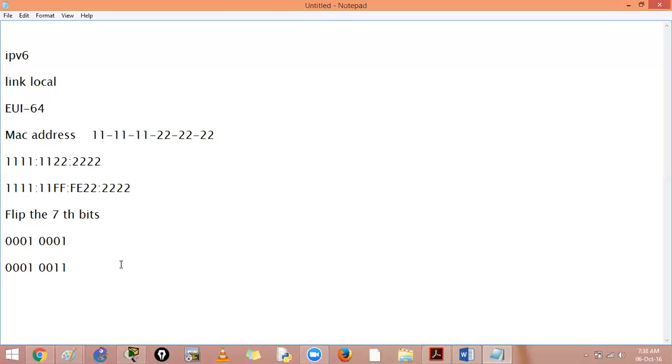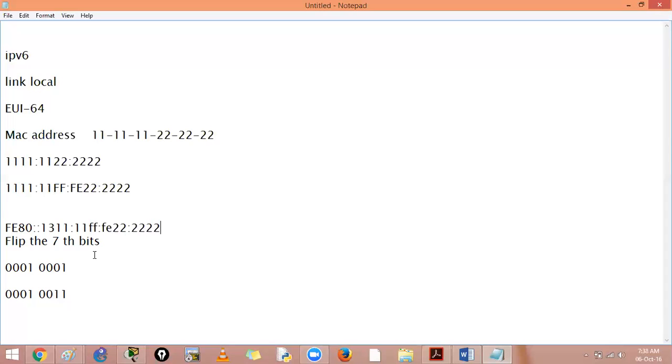So now what I will do is simply take this address: FE80 colon 1, and this is 3. So 1 3, I will write 1 3 and then 1 1 colon 1 1 FF colon FE 2 2 colon 2 2 2 2.